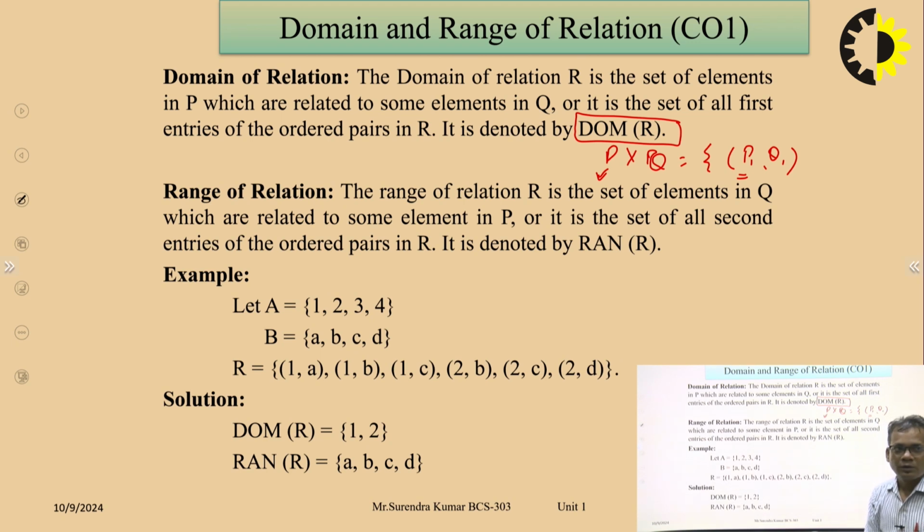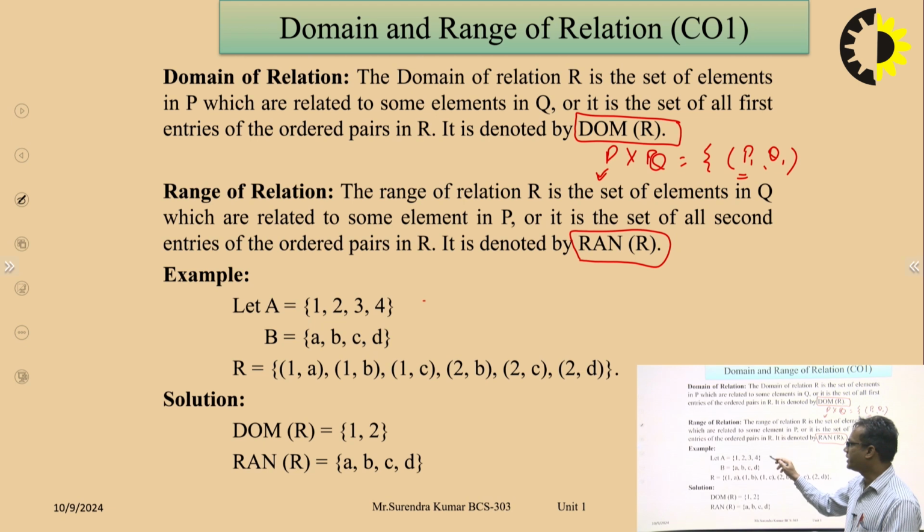If we talk about the range of a relation, the set of all the second entries of the ordered pair is called the range of the relation, and it is written as ran of R. We can see it with the help of an easy example.